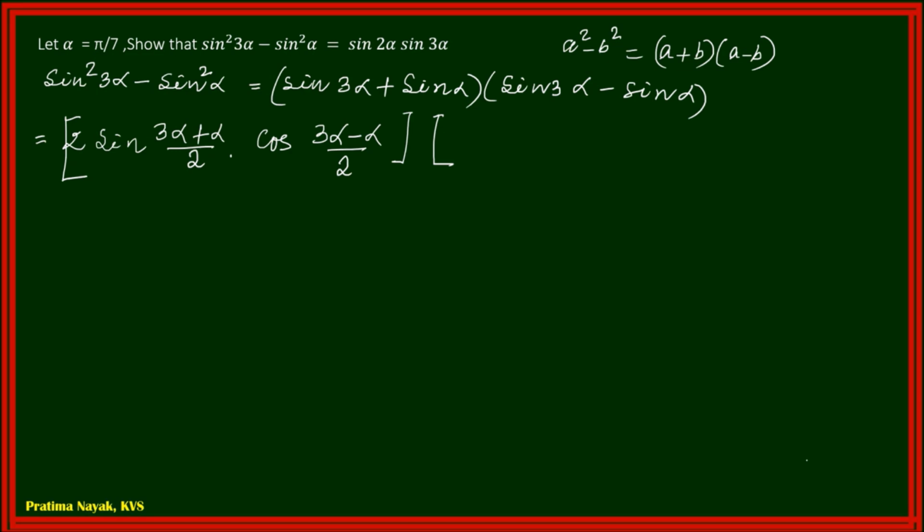We will apply the formula sine A minus sine B, that will be twice cos of A plus B by 2, so 3 alpha plus alpha by 2, multiplied by sine of 3 alpha minus alpha by 2.